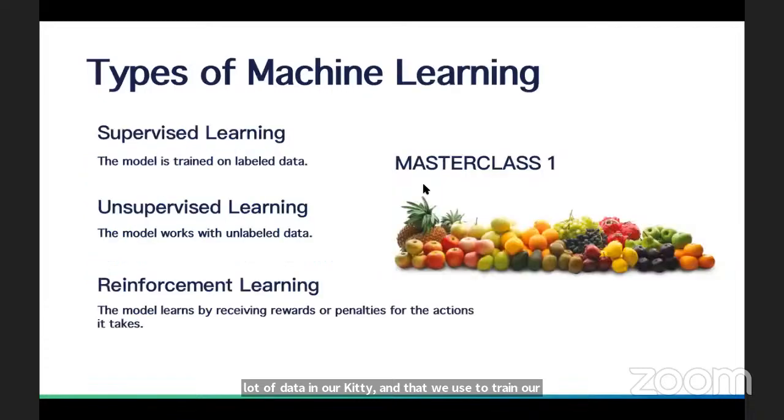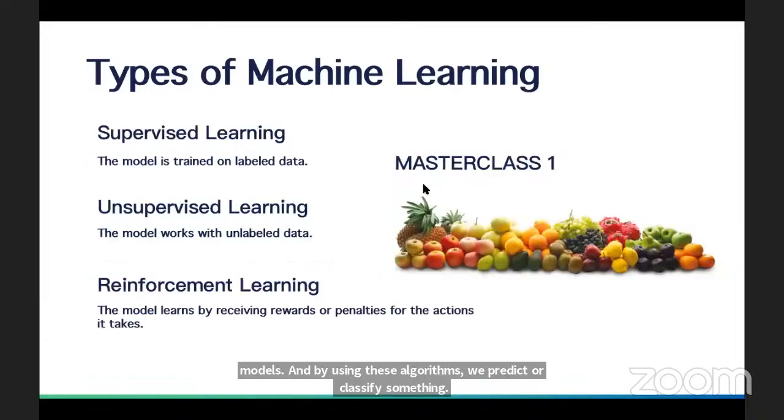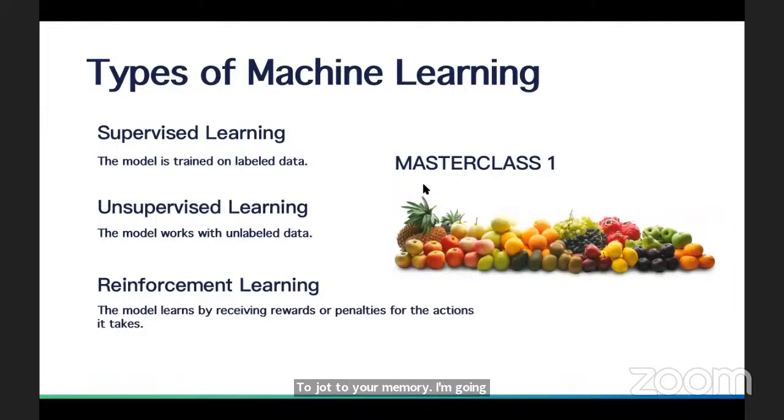To jog your memory, let me clarify one concept from Masterclass 1: there are three types of machine learning: supervised learning, unsupervised learning, and reinforcement learning. Supervised learning works on labeled data, like a table. Unsupervised learning works with unlabeled data. We were categorizing different types of fruits and designing a self-checkout system for a cart.